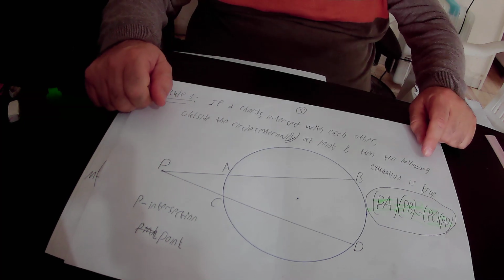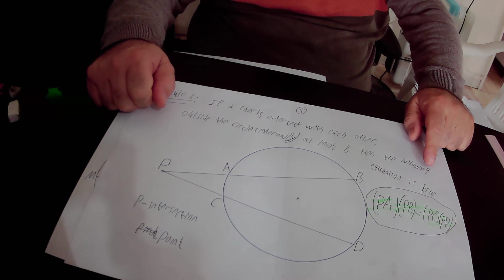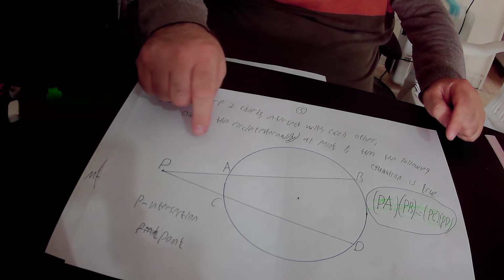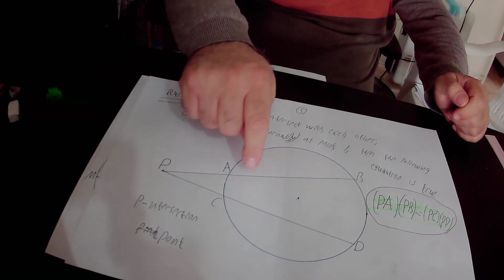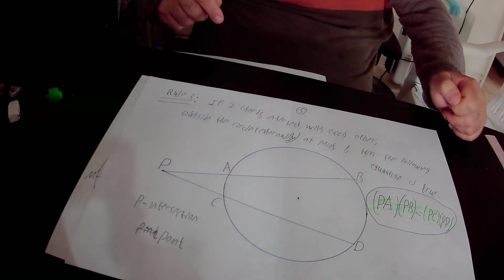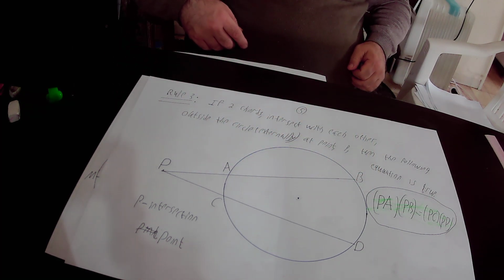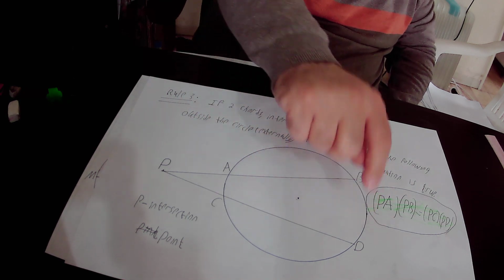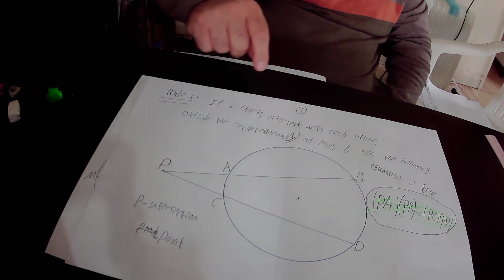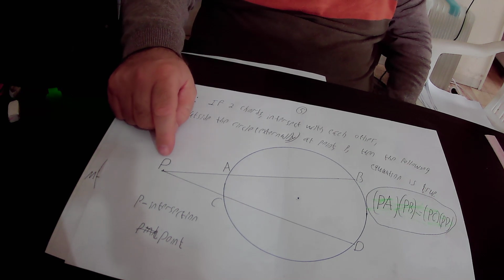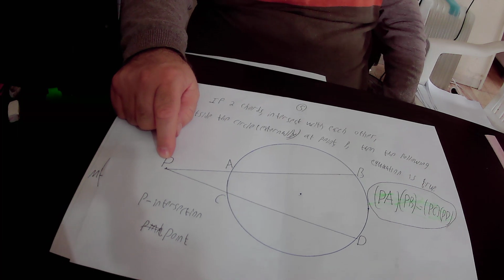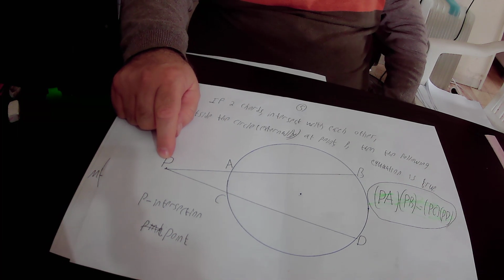then the following equation is true: PA times PB equals PC times PD. So we have here chord AB and chord CD that intersect with each other outside the circle at point P, the intersection point between those two chords.